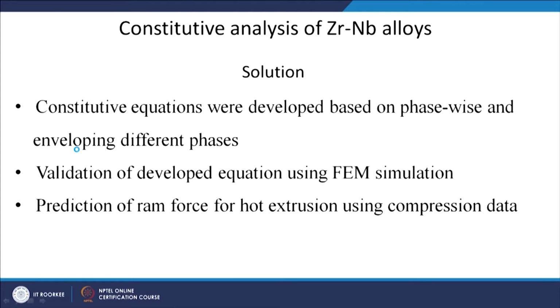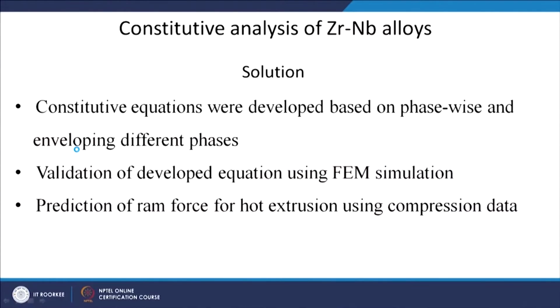Now, how do we know whether what we are doing is correct or not? We tried to validate it using FEM simulation of the constitutive equations developed for different phases. Prediction of ram force for hot extrusion was used as the process to simulate. These constitutive equations were used there, and we tried to simulate and compare the result with the actual data.